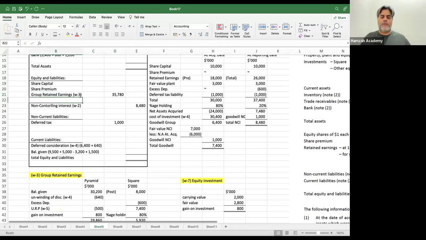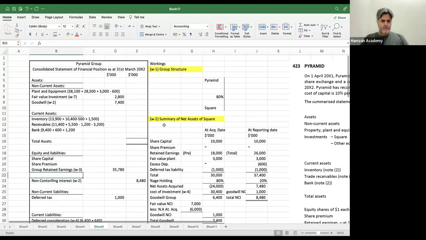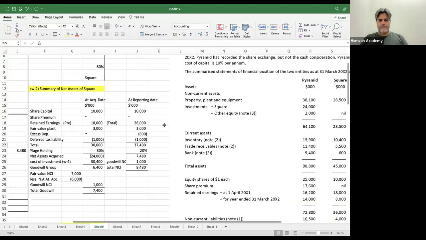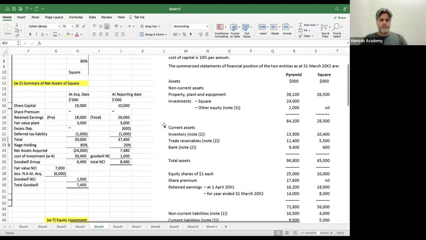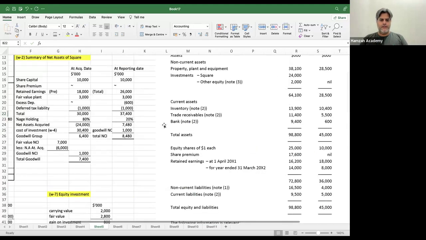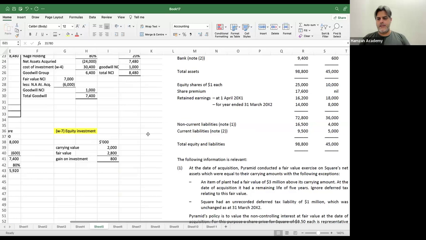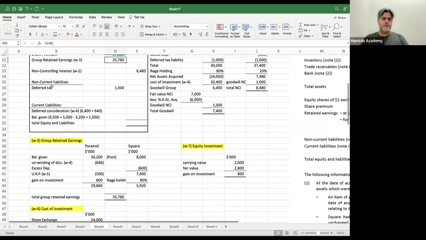Done? Okay. Now, let's go at the start. Property done, investments done. Current assets, inventory, receivables, bank done. Share capital, 25,17,600. The premium. Then NCA done, non-current liabilities, 16,500 and 4,000.